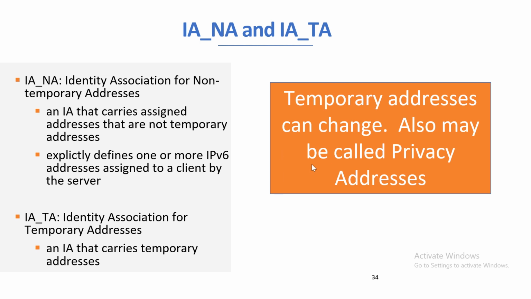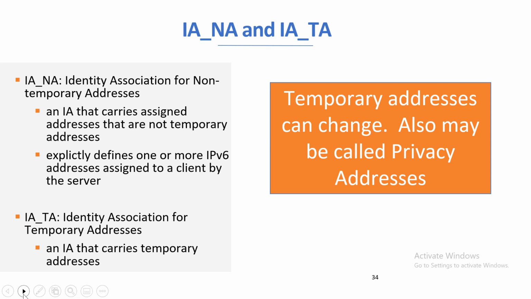Why might you have a private address? You might want that address to change. You might want it to change quite a bit for clients. You might not want it to change for servers. That's something else.